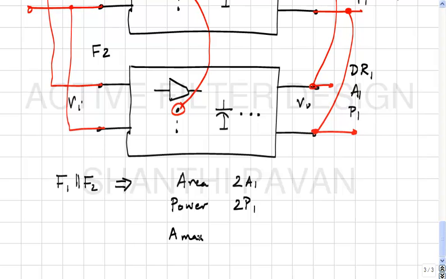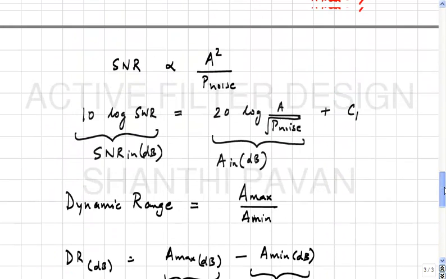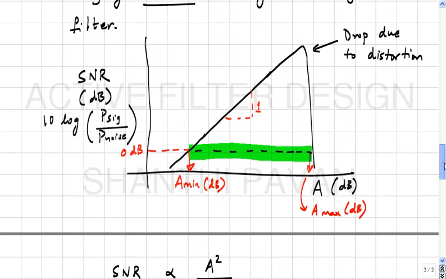A max, what is A max? Let me remind you, A max is the maximum amplitude you can put into the filter F1 or F2 before the output starts to become distorted.